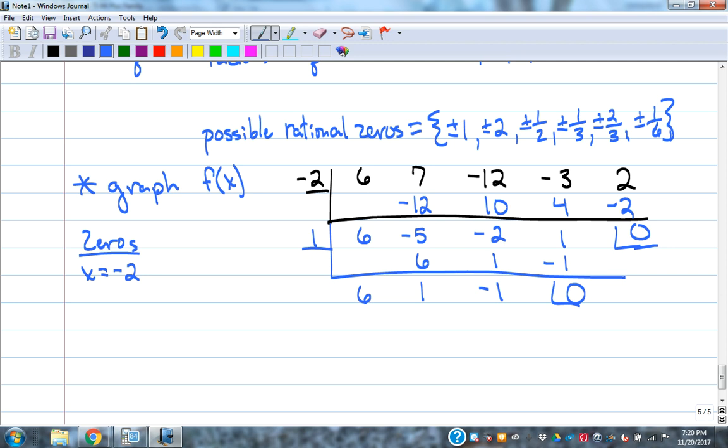But making that list cut it down to 12 numbers instead of an infinite group of numbers. You guys got a tool that helps, all right? So now we've broken this polynomial down where we got two zeros. We got -2 and 1 are zeros. We've verified that with our synthetic division. Now we've got an x squared problem.